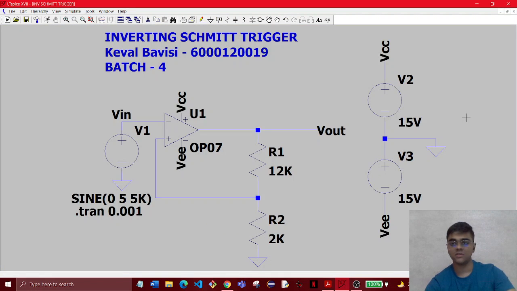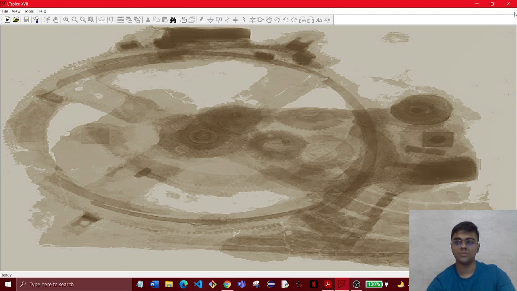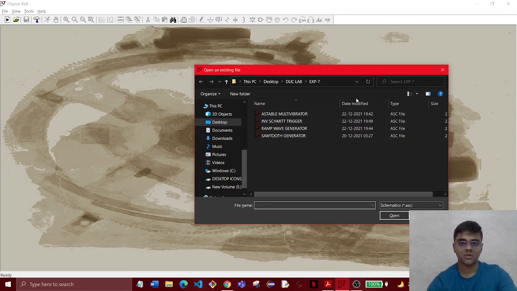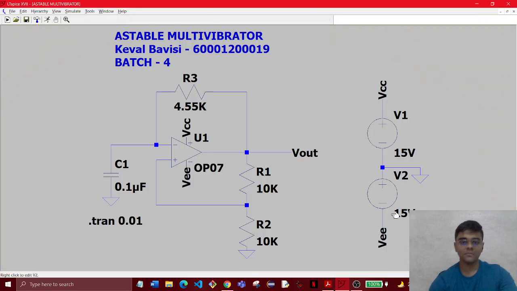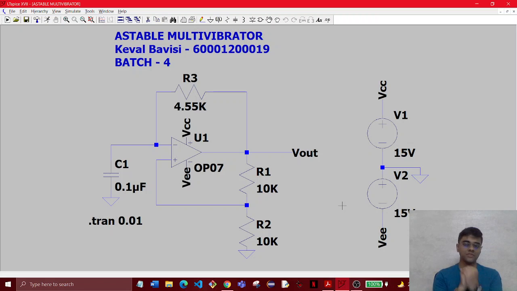The second part of the experiment will be an astable multivibrator. So this is the astable multivibrator. Here we generate a square wave in accordance with the way the capacitor is charging and discharging.